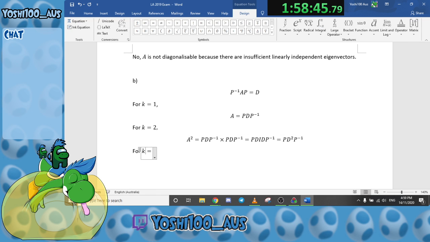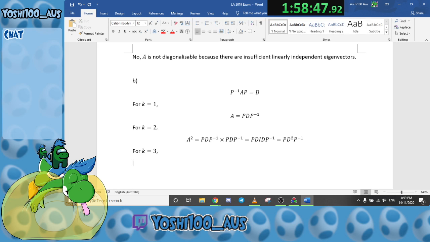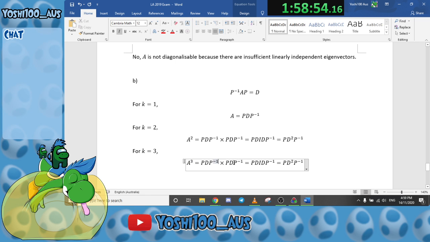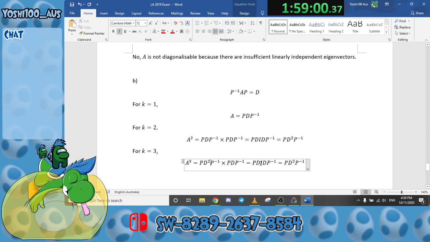For k equals 3, it's the same thing. And you just see the pattern follows through.